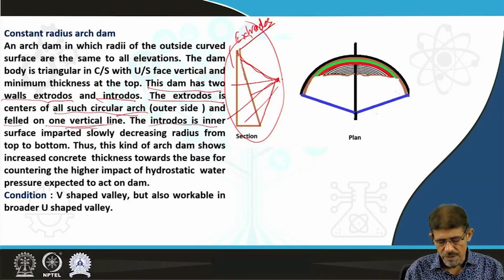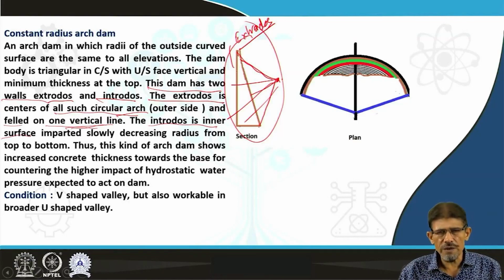In case of the intrados, that is the inner surface, it shows decreasing radius from top to bottom, as the thickness of this type of arch dam increases with respect to depth to counter the increasing hydrostatic force.